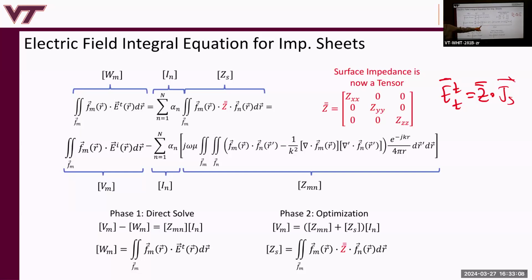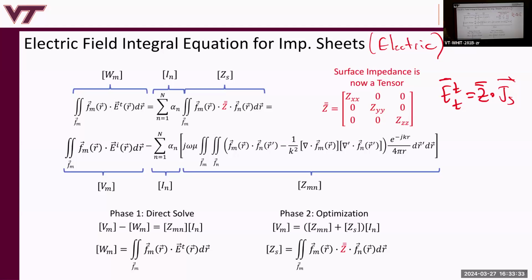If you have a magnetic current, then the Green's function is a little different. Then you'd have to derive another term here, which is the electric field radiated by a magnetic current. You have to include that as well. So this EFIE is for, it should probably say, electric impedance sheets, meaning no magnetic current.